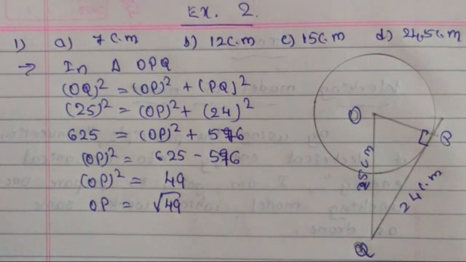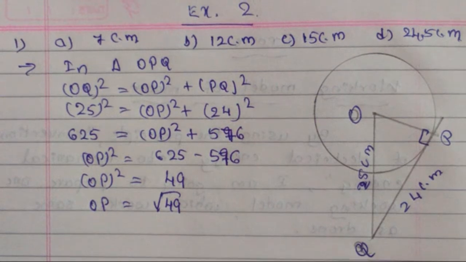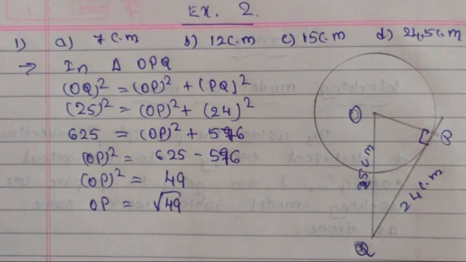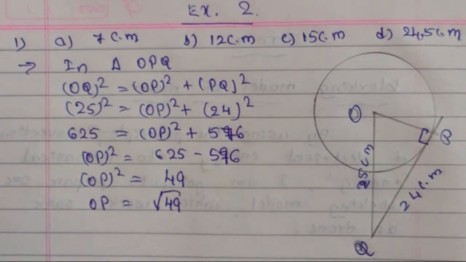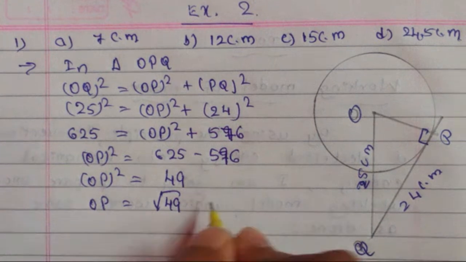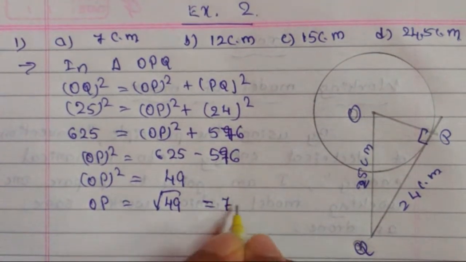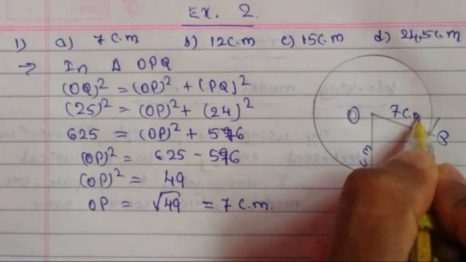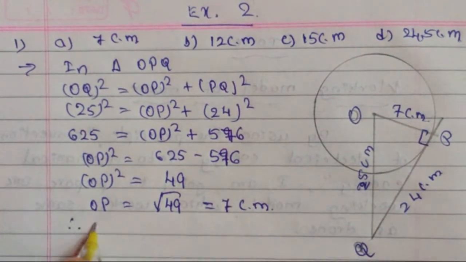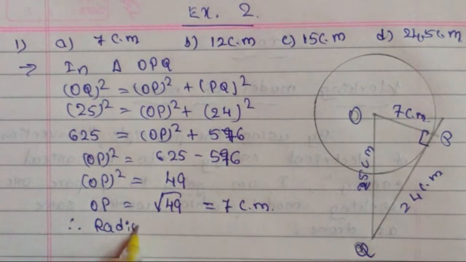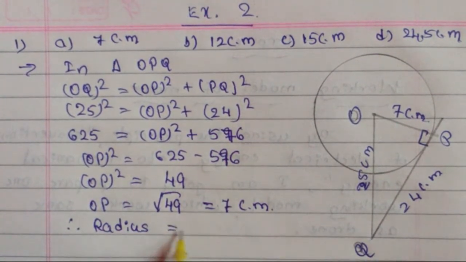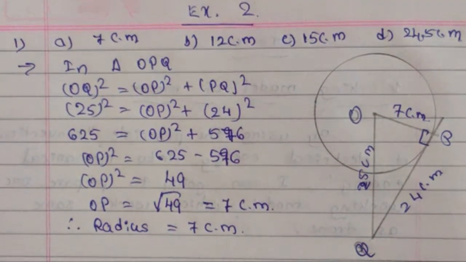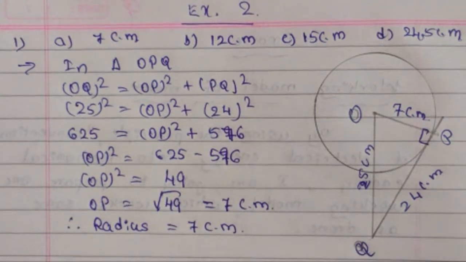The square root of 49 is 7 centimeter. So therefore OP value is 7 centimeter. Therefore radius equals 7 centimeter. Here we have to apply Pythagoras theorem.